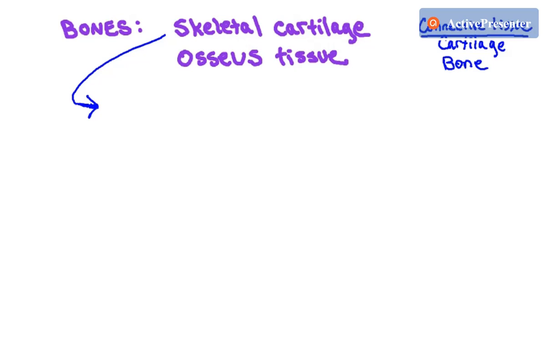Because what happens is that part of this cartilage that makes up part of the skeletal system will turn into bone. It's a process called ossification.